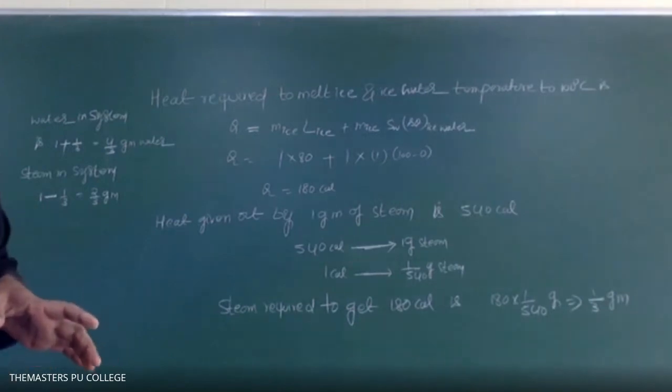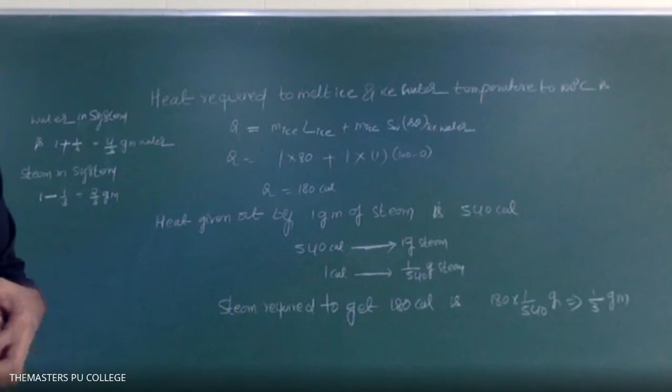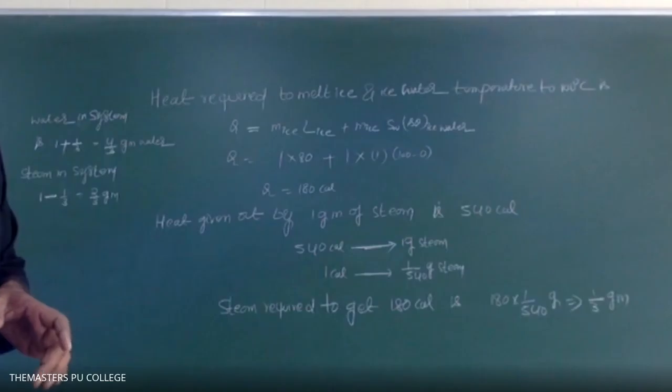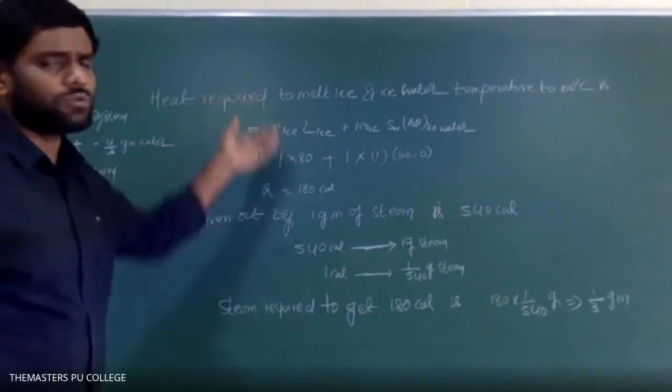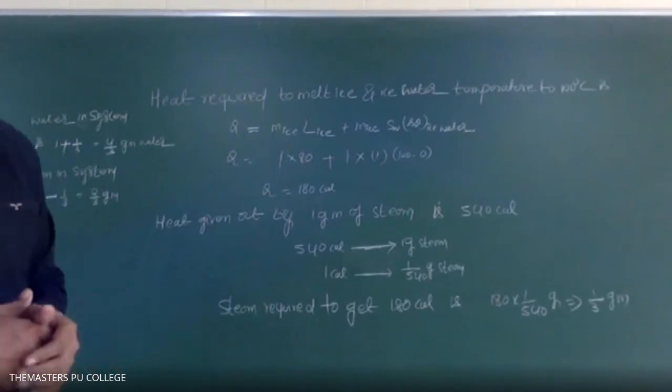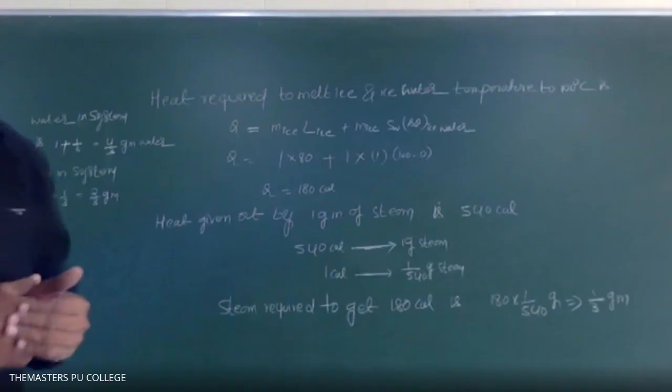If we add 4 by 3 gram and 1 by 3 gram, how much are we getting? 5 by 3 gram. But what is the total mass of the system? 2 gram. So the third option is correct if you add that. They have given it wrong, that's why I asked. The third option is correct. Clear? Clear, sir.